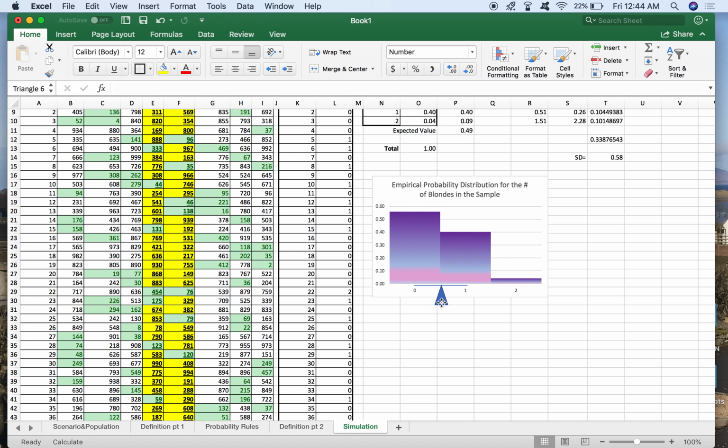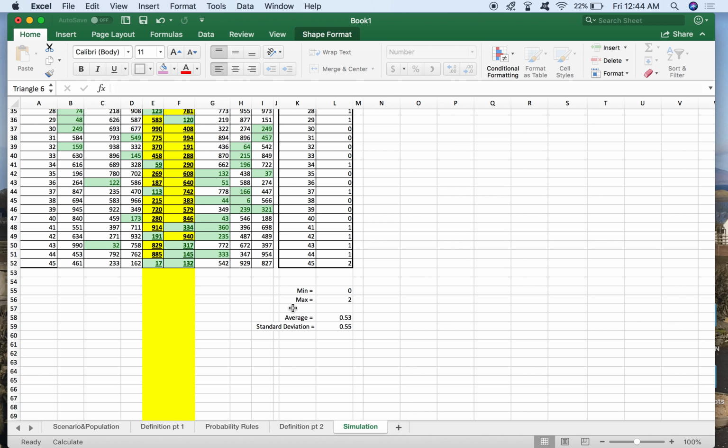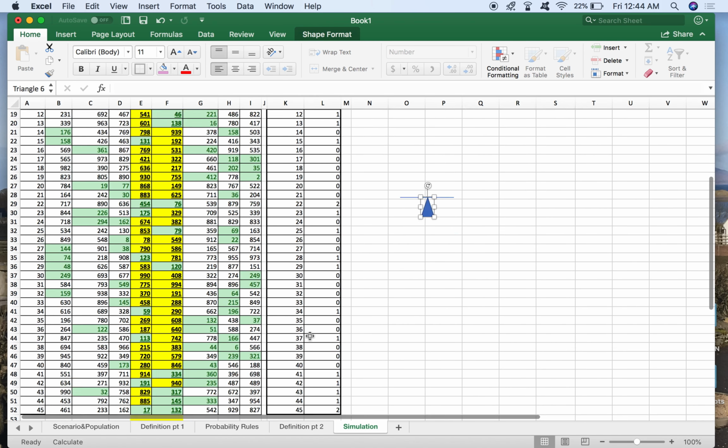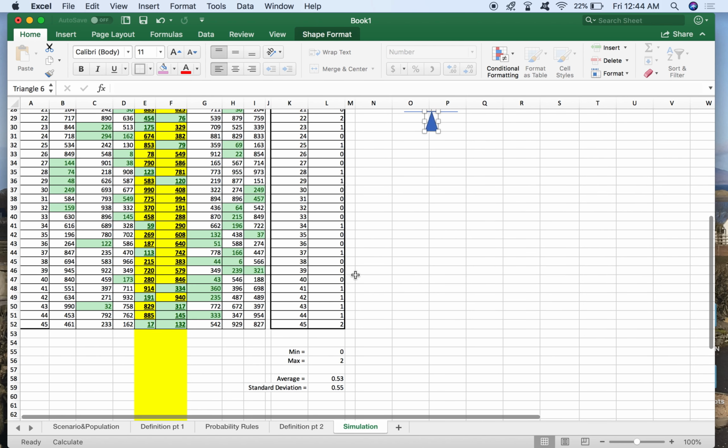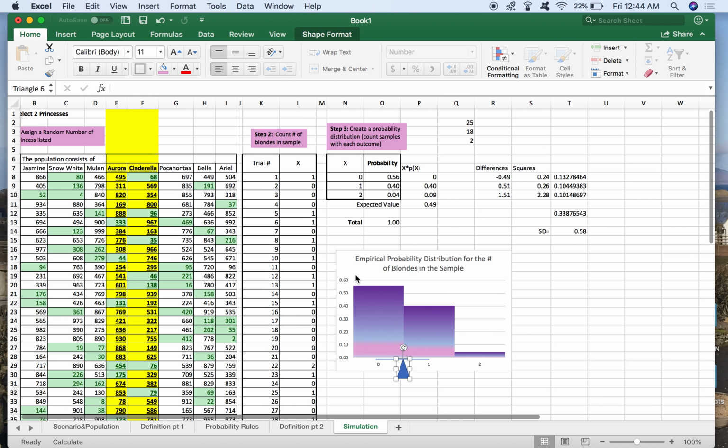So right there, I think it's a little high. So we can bump that down, and then both lines out to the side show the standard deviation. And I did calculate the average or the mean and the standard deviation for this set of data, so it is relatively close. It's within 0.05 of each other.